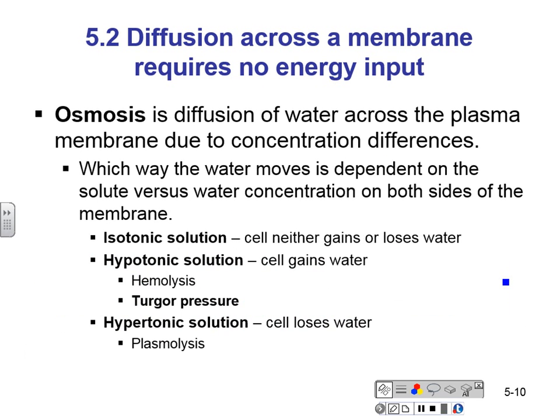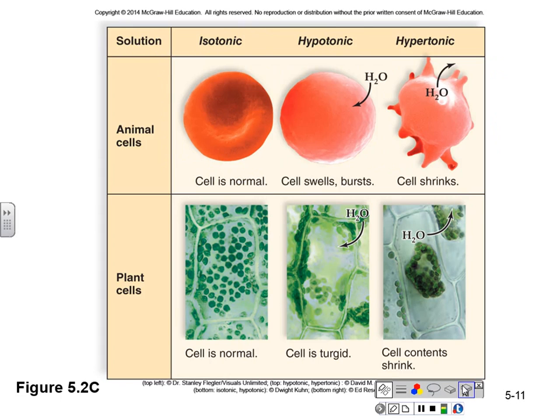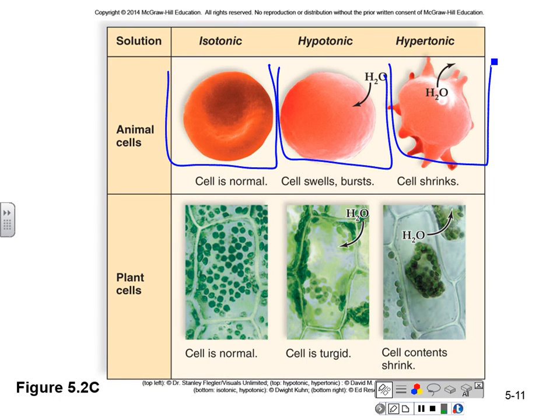Osmosis is talking about moving water across a plasma membrane. Diffusion was moving any molecule that's non-charged, like carbon dioxide or oxygen. In osmosis, if the molecule is too big to move, we will move water to try to balance out the concentrations. Okay, so let's look at this, which is trying to show you osmosis.